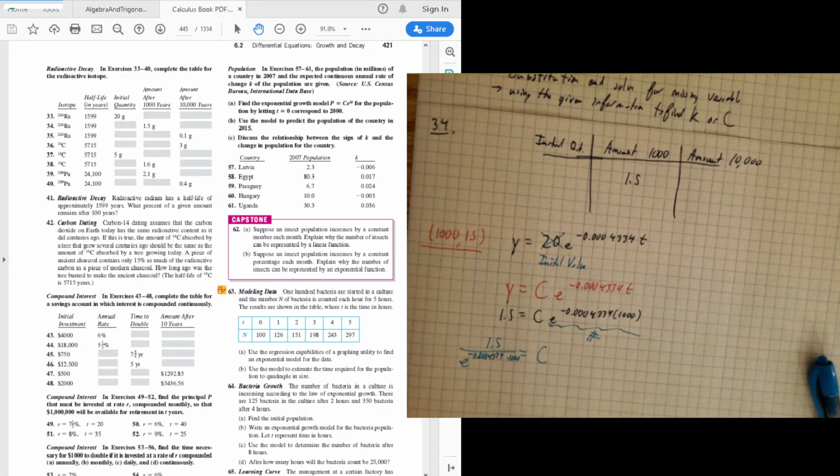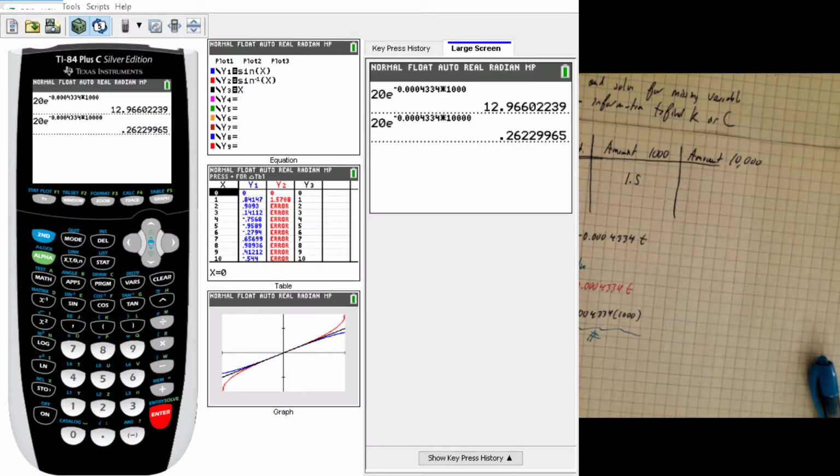So I will now pull up my calculator again. I'm going to take 1.5 and divide it by e to the negative 0.00043334 times 1,000. That's 1,000, right? Yep, here we go.